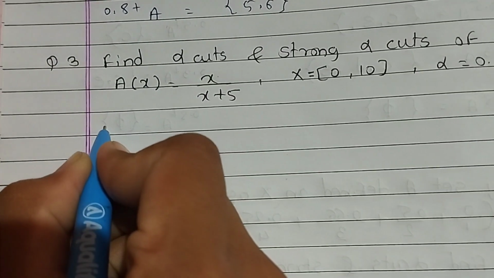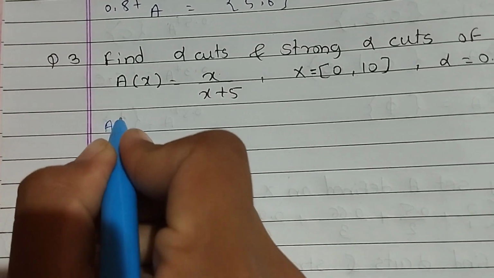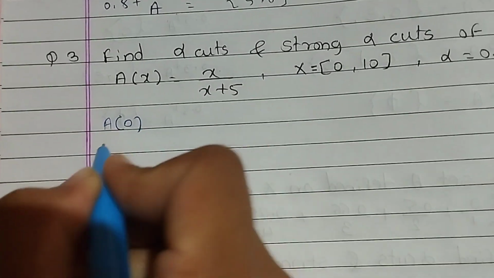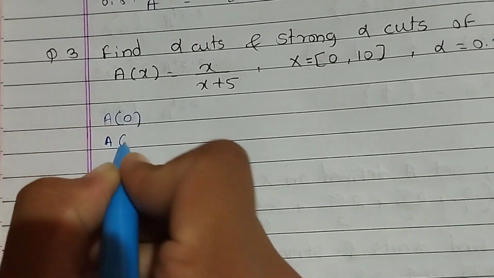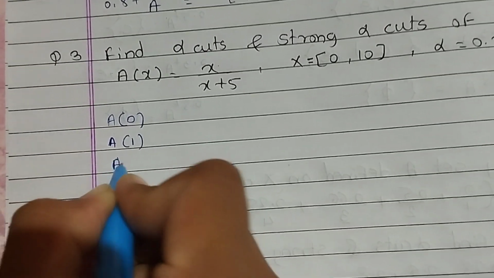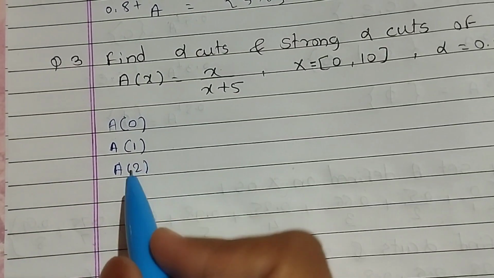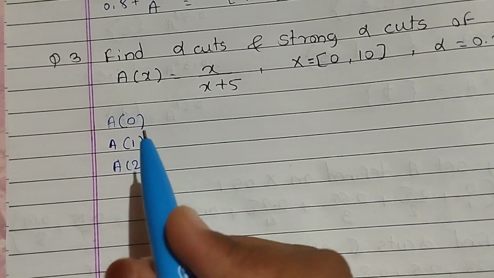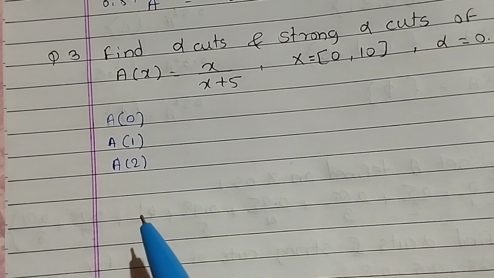So first A of 0, then we find A of 1, A of 2. In this way we find all A of 0 to A of 10.